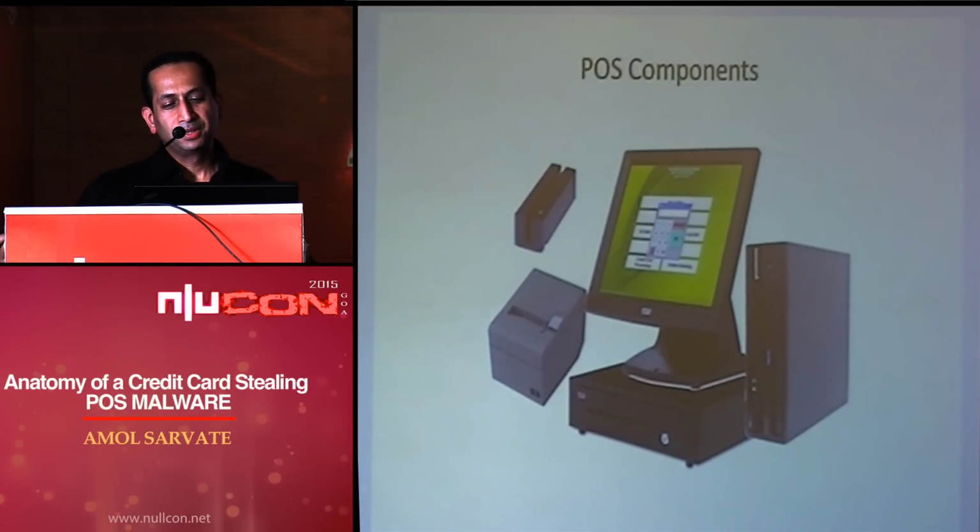What's inside that POS system most of the time is basically off-the-shelf operating systems. We have seen a lot of embedded Linux running on these POS, but most of the time what we have seen is embedded Windows, or basically an OS called Windows POS or POS Ready, something like that.